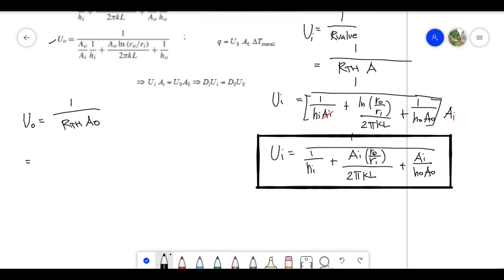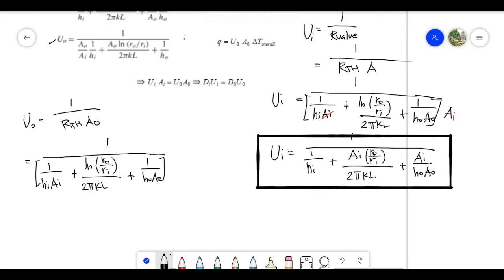So substitute natin yung total thermal resistance, yung 1 over HI AI plus ln radius outside over radius inside over 2 pi KL plus 1 over HO AO, multiplied by, numerator, area outside.